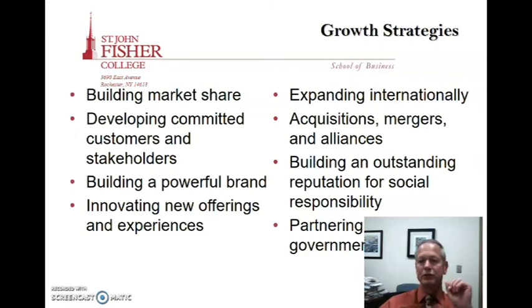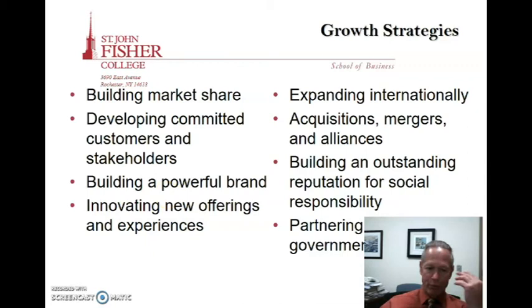So some growth strategies: building market share, developing committed customers, all these types of things, building a powerful brand, Nike, building a brand name, building brand experiences, like Marriott. If you've seen the latest Marriott commercial, they used that song from Willy Wonka and the Chocolate Factory, "Come with me and you'll see."